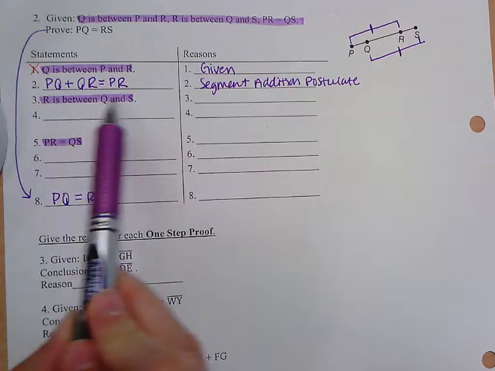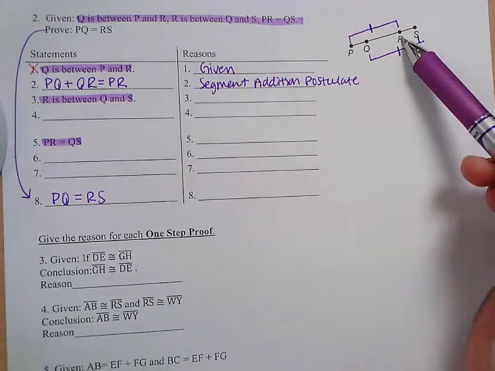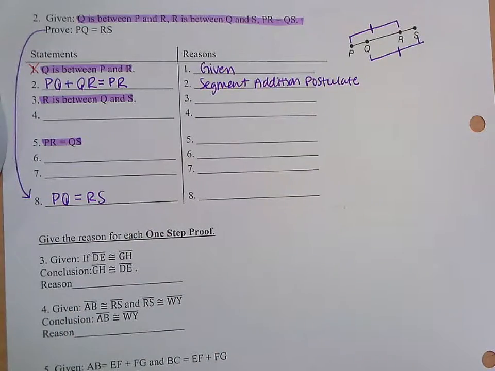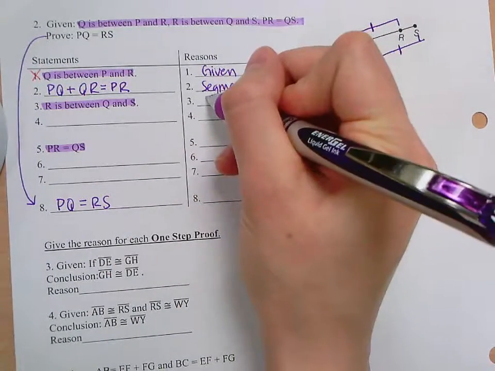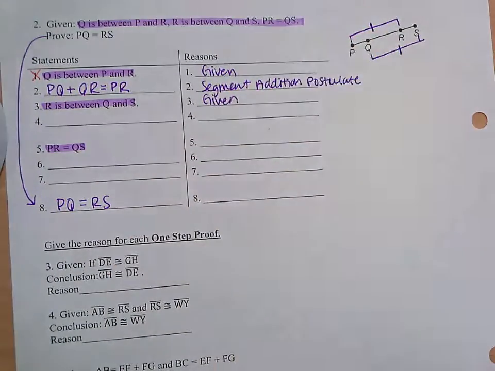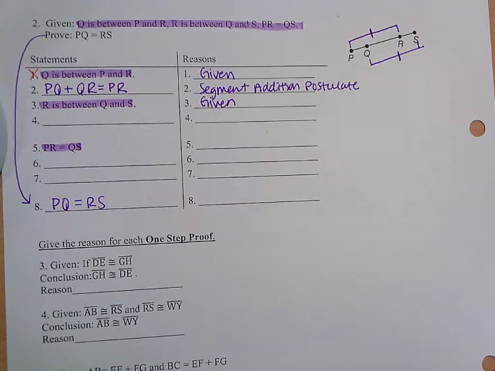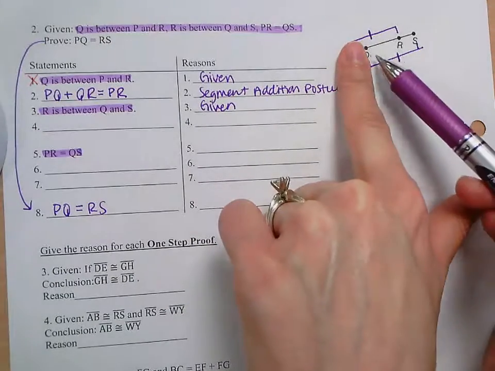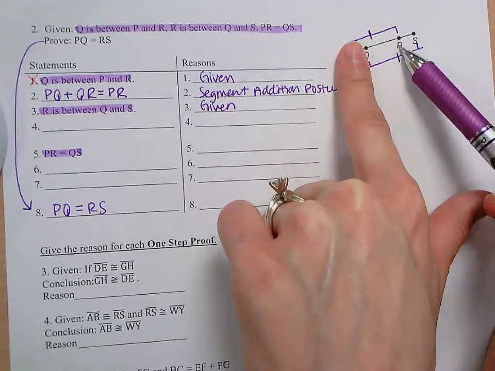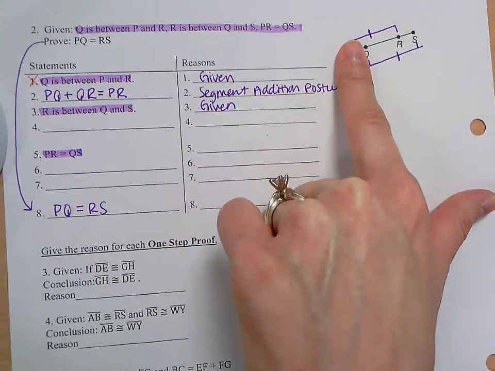Then line 3, R is between Q and S. That was given to me, given information. If I just look at this segment, R is between Q and S, what conclusion can I make there?